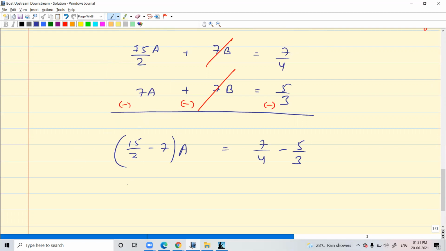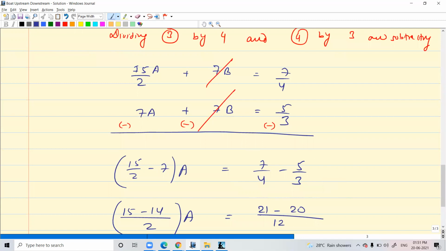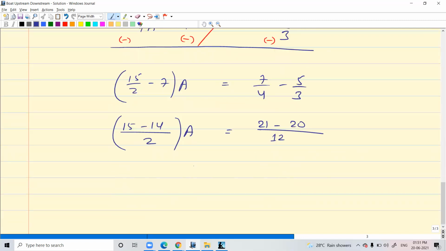Simplify this. It will become 15 minus 14 by 2, A. And what is this? Cross multiply. 7 3s are 21. 5 4s are 20. And 4 3s are 12. So this is basically A by 2. 15 minus 14 will become 1.